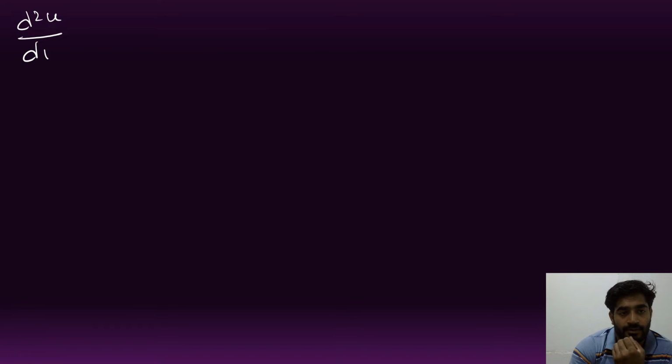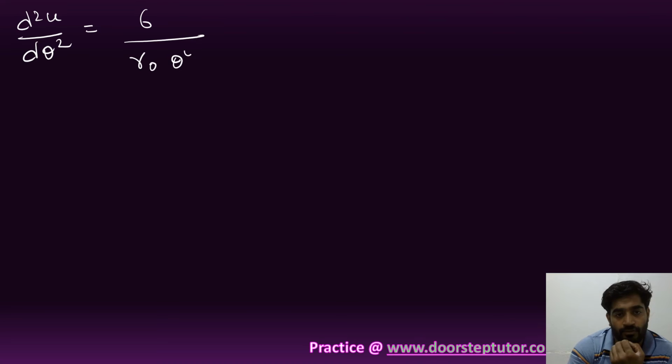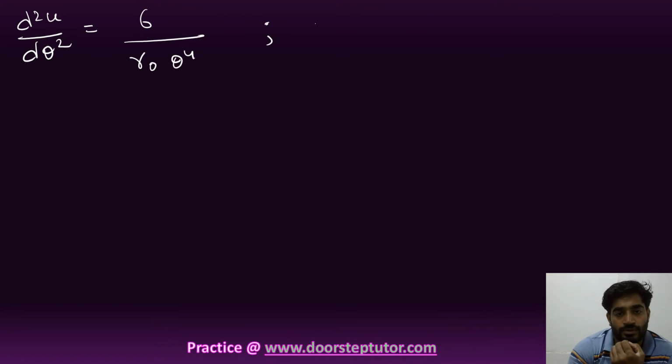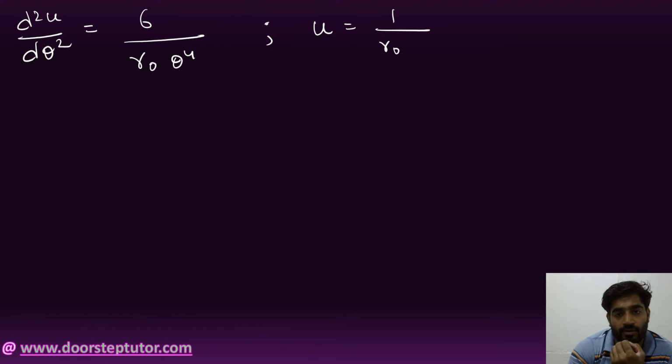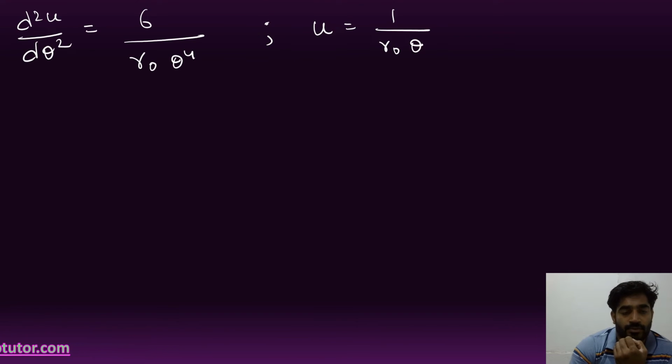So what is the value of d2u upon d theta square? It was 6 upon r naught theta to the power 4. What was u? u was 1 by r naught theta square. Just put the values.